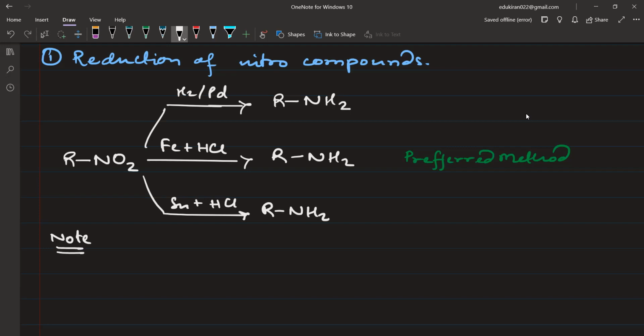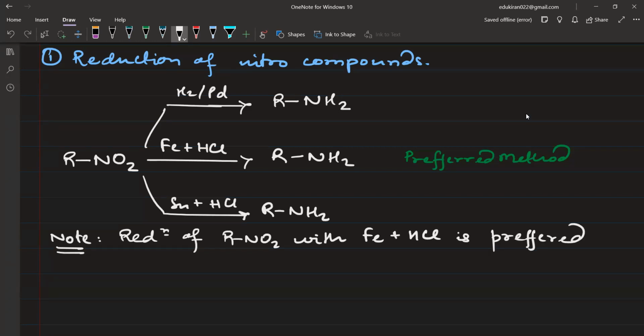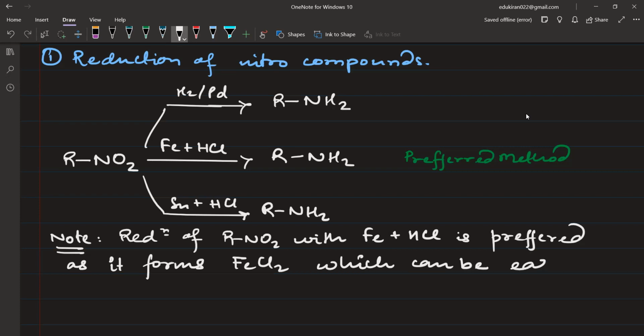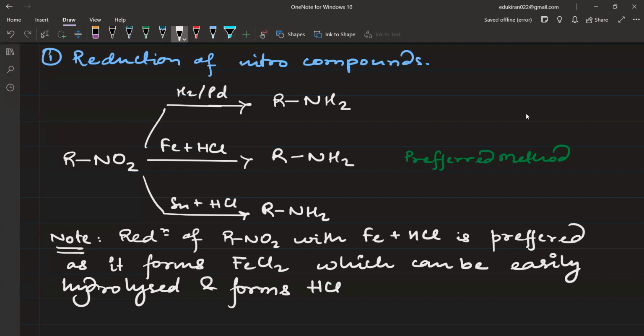Note. Reduction of RNO2 with Fe plus HCl is preferred as it forms FeCl2, which can be easily hydrolyzed and form HCl, which can be used back as reagent.